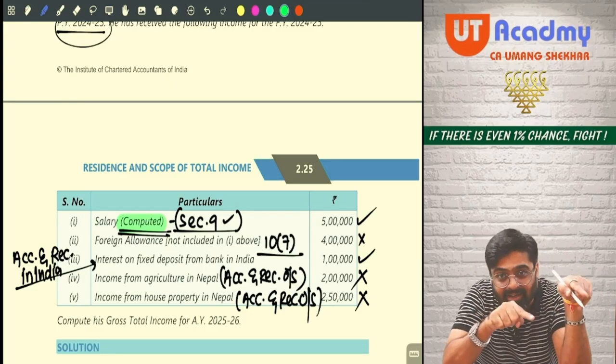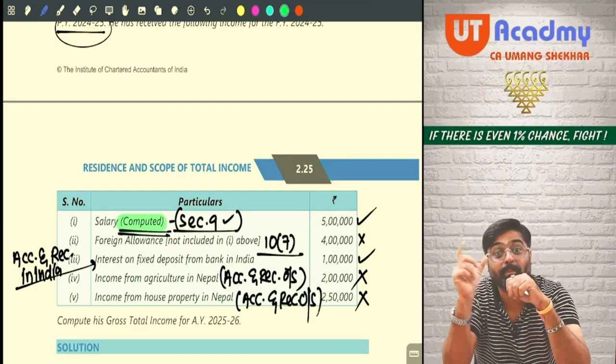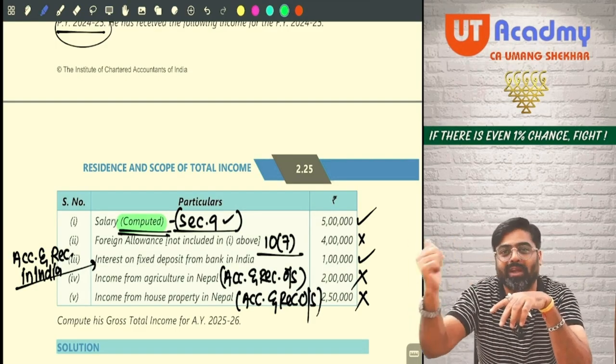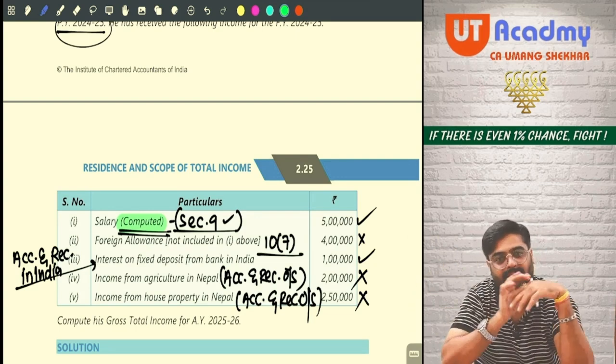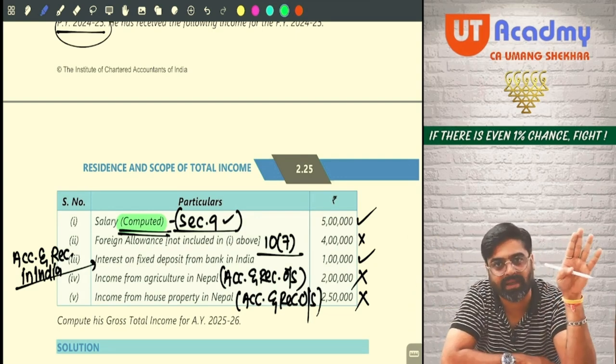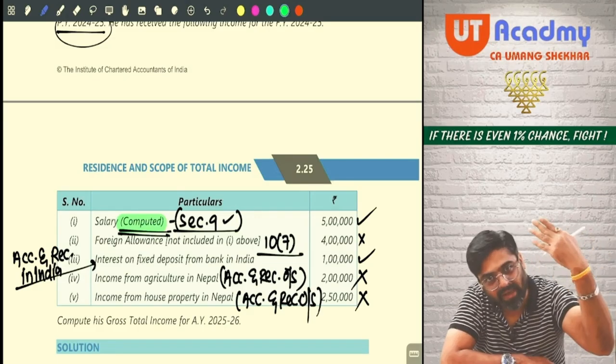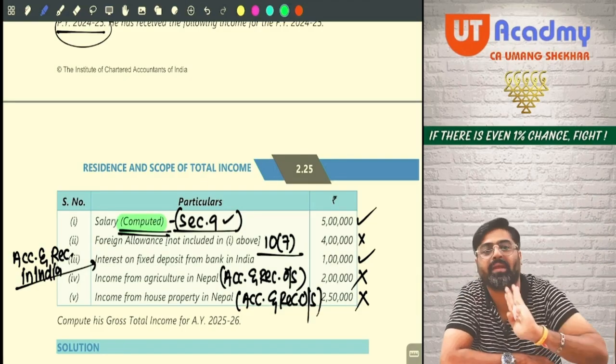And after taking standard deduction, the computed salary would have been taxed to calculate total income. But since they have already given computed, meaning that whatever standard deduction was supposed to be taken, 50,000 or 75,000, is already taken.